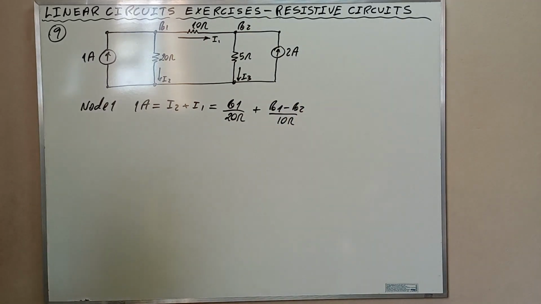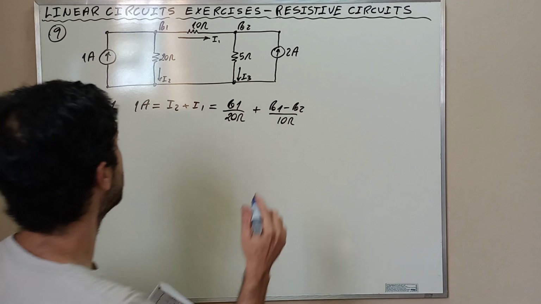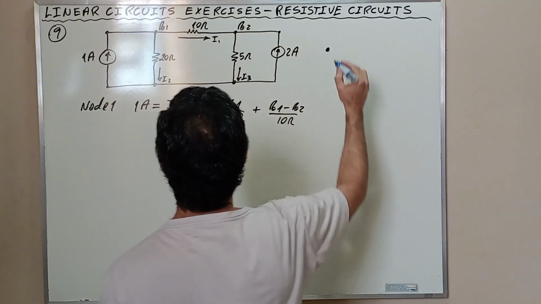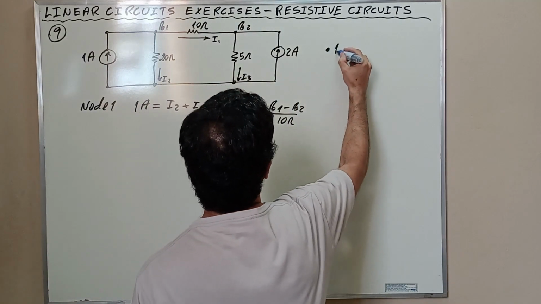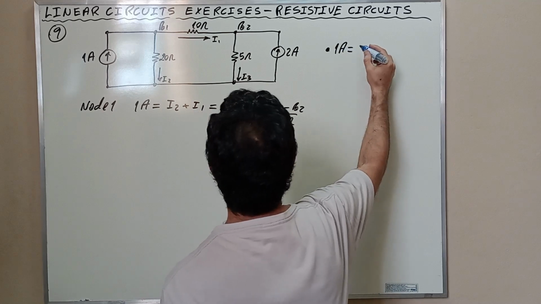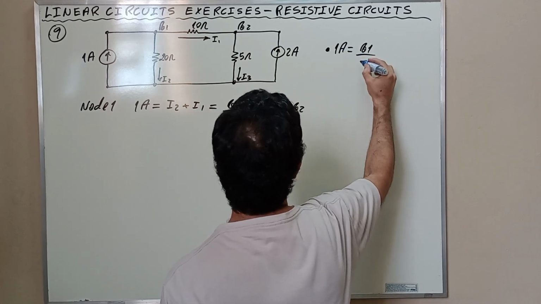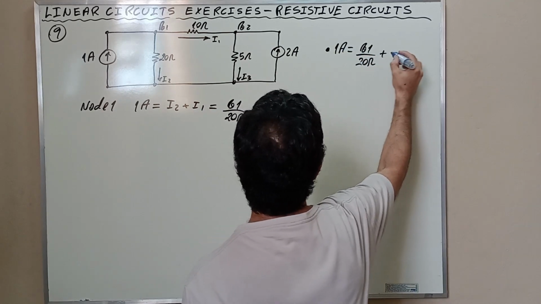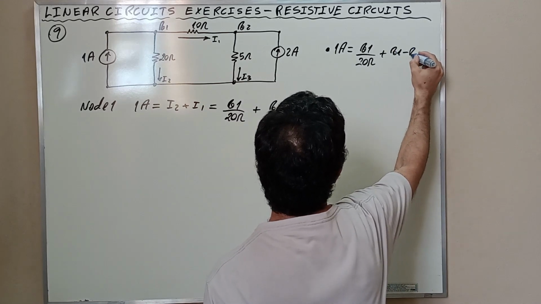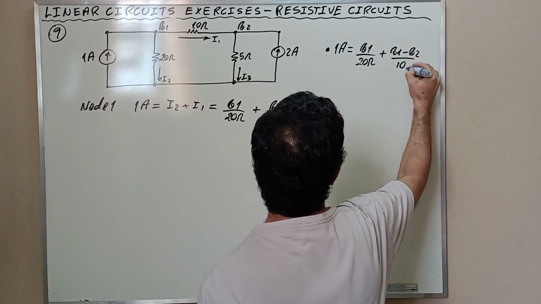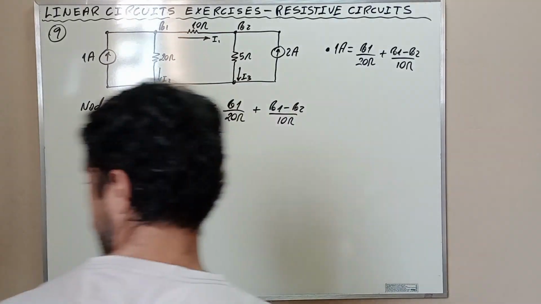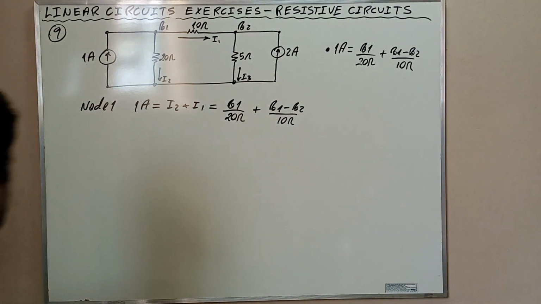Okay, my friends? And this is the first expression, the expression of node 1. Let's store it here because we are going to need space. Then 1 amp is equal to V1 over 20 ohms plus V1 minus V2 divided by 10 ohms. Okay, this is the equation for node 1.